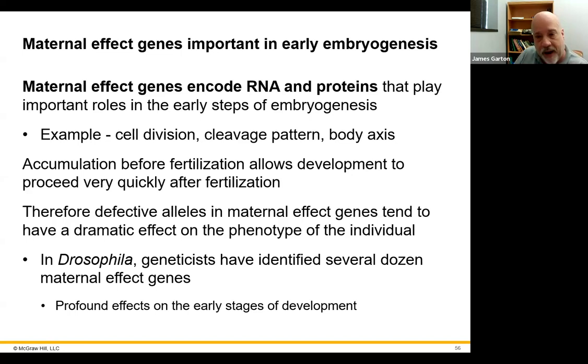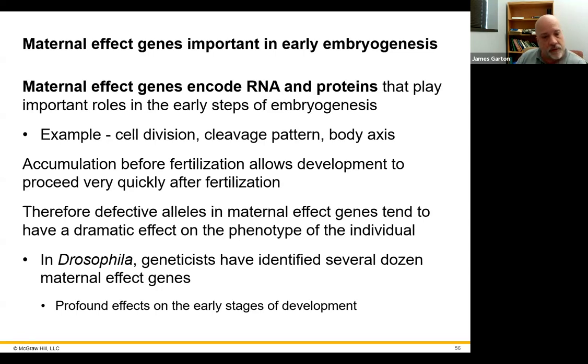They can determine the body axis that the early embryo must follow. And they determine the cleavage pattern in the first few rounds of cell division. These proteins get pumped into the oocytes, and that allows the development to happen very fast. So the first few rounds of cell division are very fast.